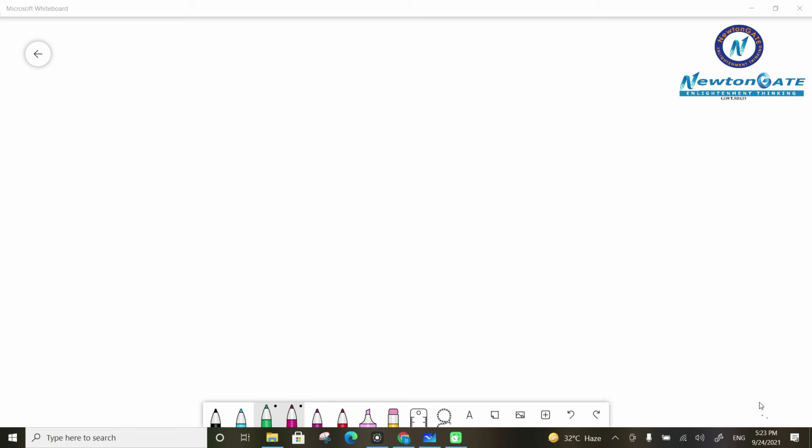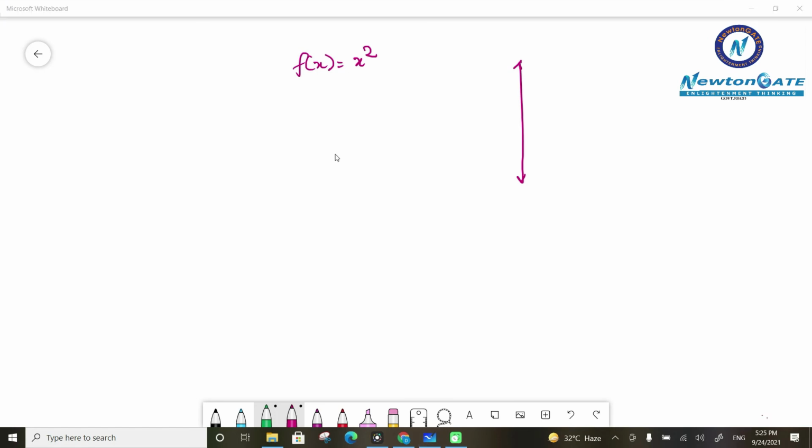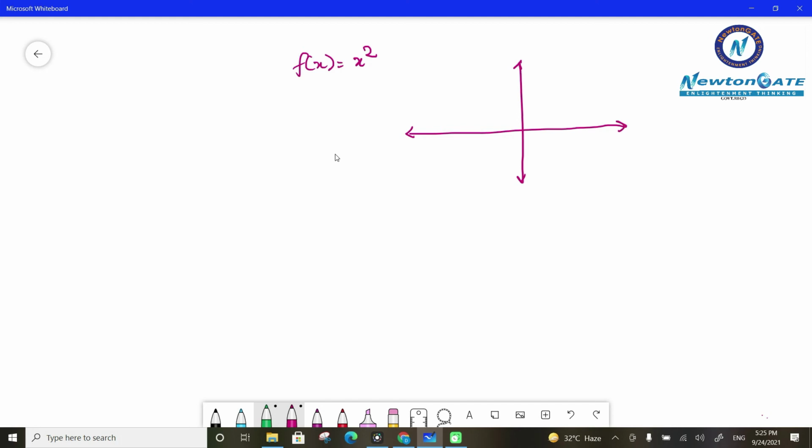So let us take the function fx equal to x square. So now as we know that fx equal to x square is a parabola. So intuitively by seeing the graph we can already understand that if I take limit x tends to 0 fx, it will come 0, because I can see that if I take a very small difference from 0, it is somewhere lying near 0 as well.